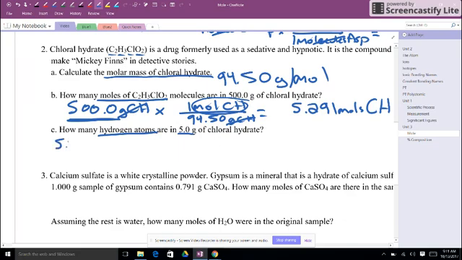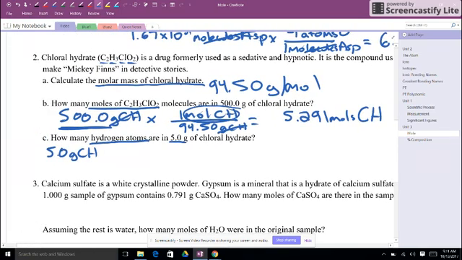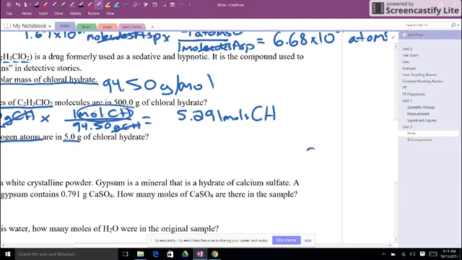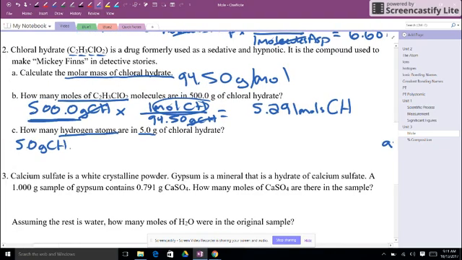For 2C, how many hydrogen atoms are in a 5 gram sample of chloral hydrate? So let's write 5 grams of chloral hydrate on the left. Let's be very careful. We're not going to molecules. We're going to atoms of hydrogen here, so I'm going to write down atoms of hydrogen all the way over here on my right. Starting out, we need to get rid of this grams. So again, we know that 94.50 grams of chloral hydrate are in 1 mole of chloral hydrate.